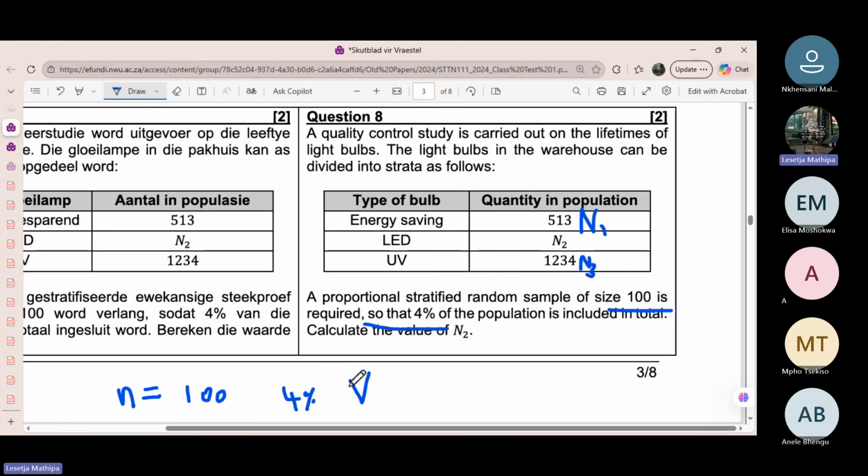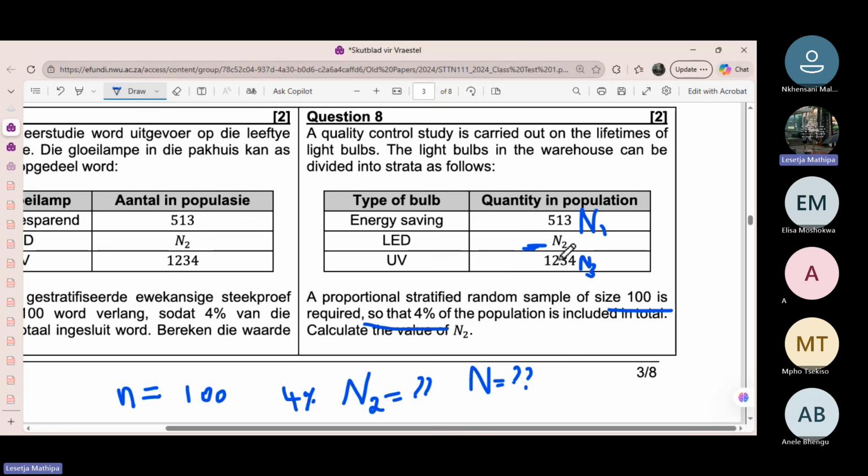Calculate the value of N2. We don't know N2. What about capital letter N? Do you know capital letter N? No. So which formula are you going to use to find this? Once you get capital letter N, it's going to be easy for you to find this.